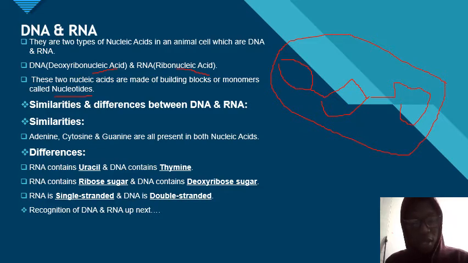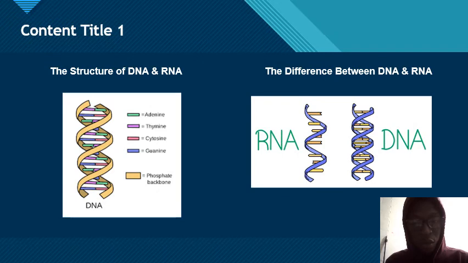In the next slide, we have DNA here, and the adenine is represented by A. We have the thymine, which is represented by T. Remember that adenine is equal to thymine, and cytosine is equal to guanine. That's what you need to remember.